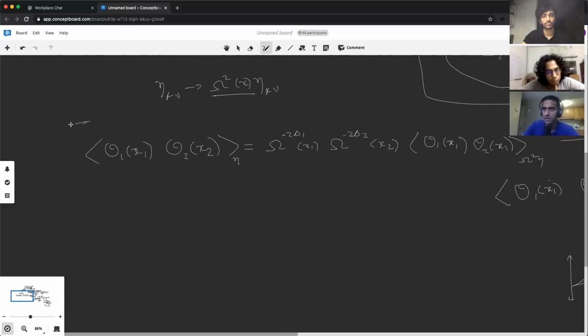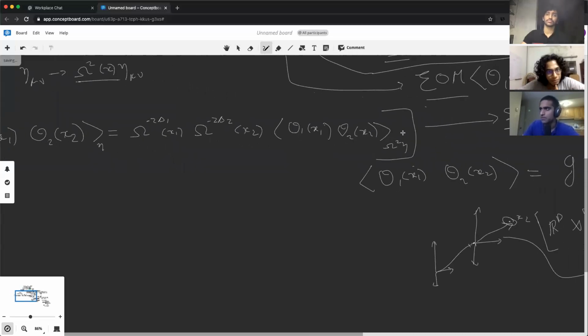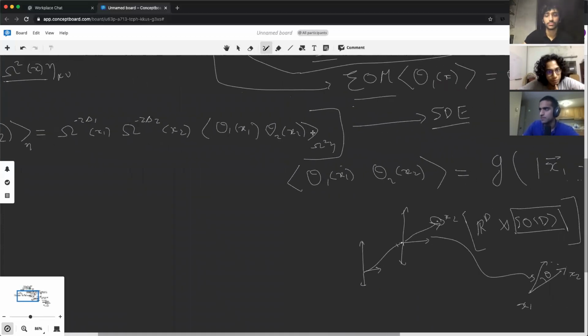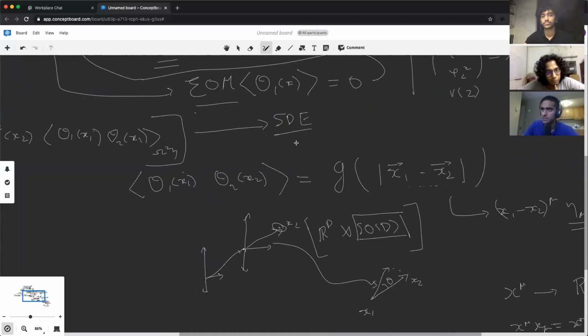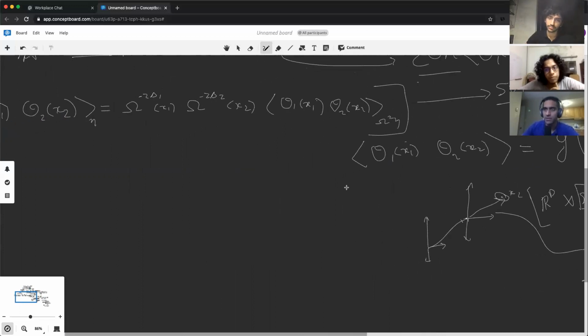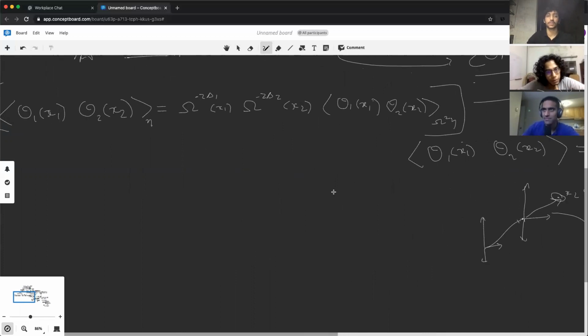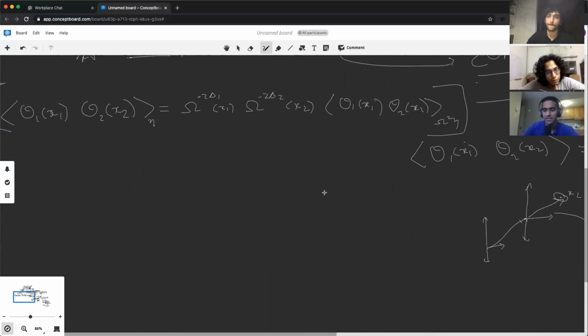So you have this relation, but you already know this fact: the Poincare invariance is a subset of whatever you have in conformal invariance. So you already know it's a function of the distance, and what this condition lets you do is actually determine what kind of function.